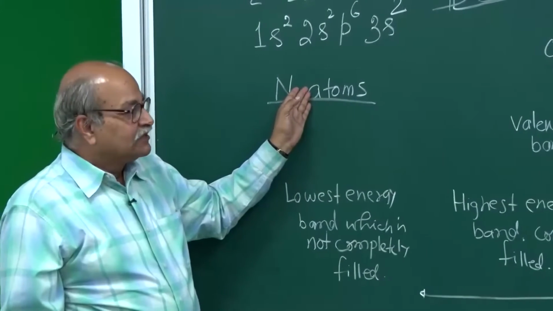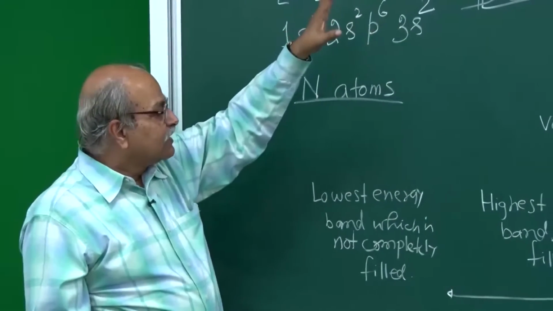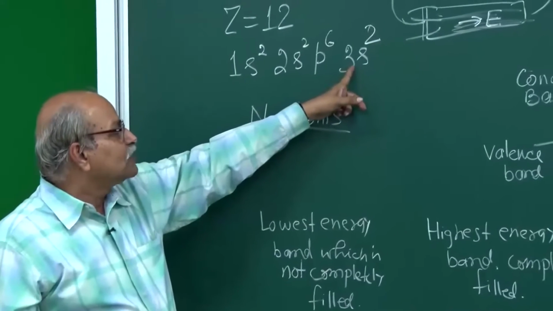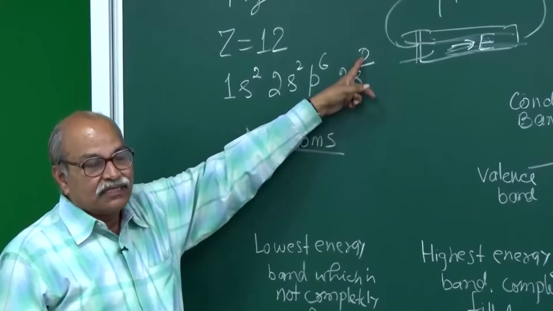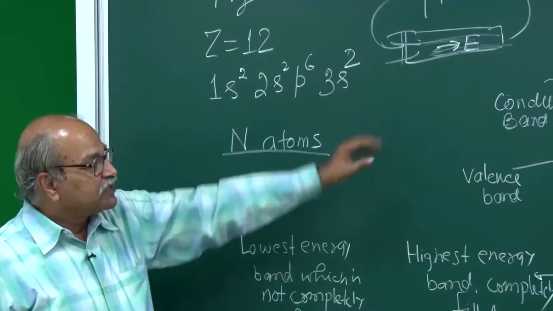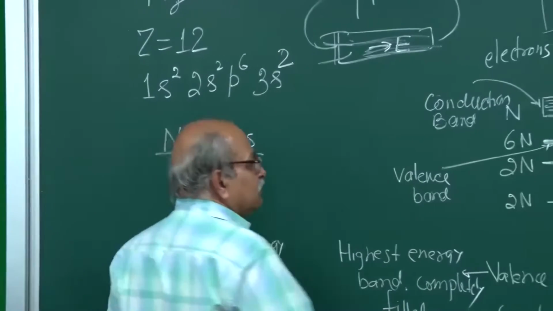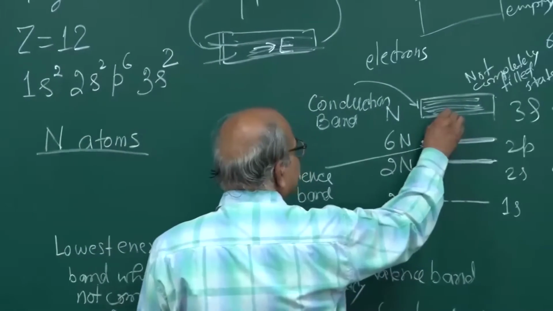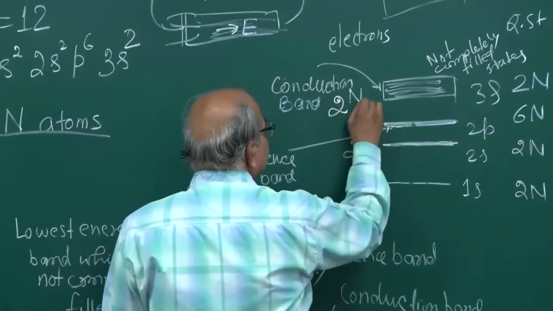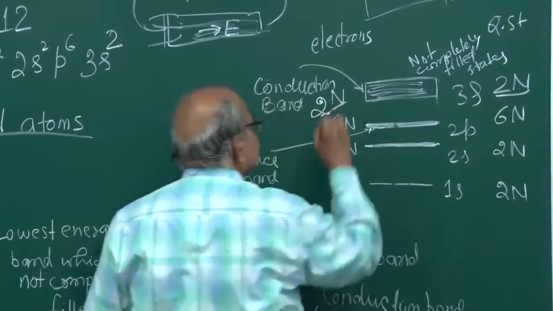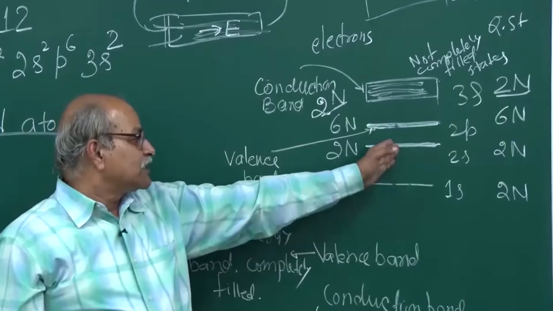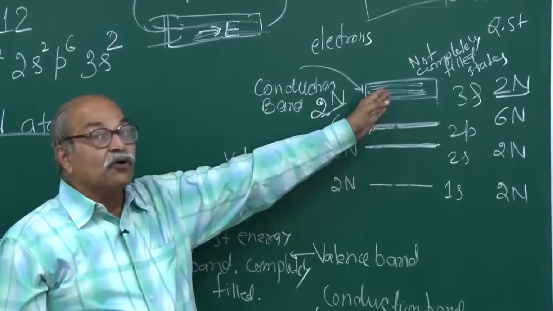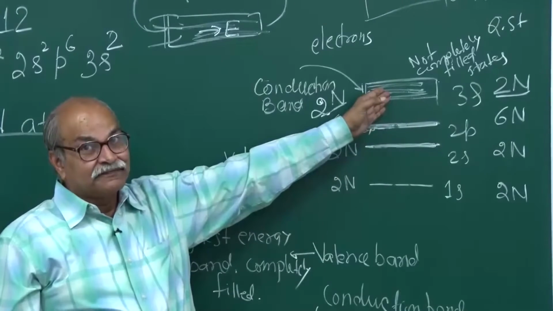So you have those bands, and now for 3s, for each atom you have 2 electrons. That means after this splitting, this also has 2n electrons and 2n quantum states. So this is completely filled, this is completely filled, this is also completely filled.